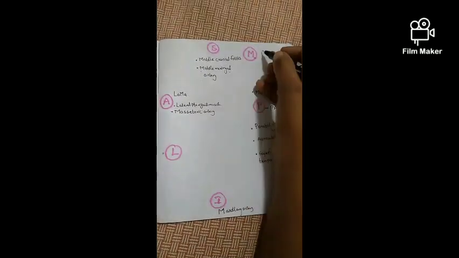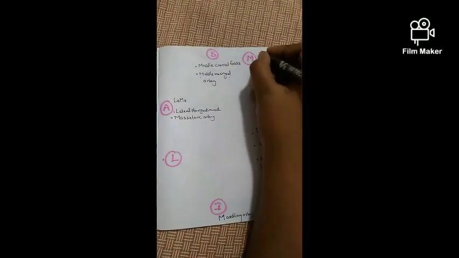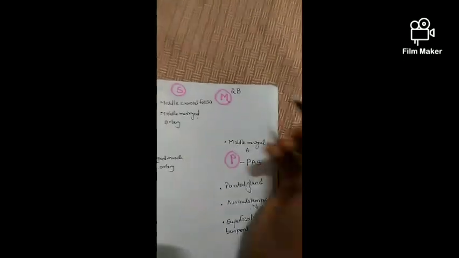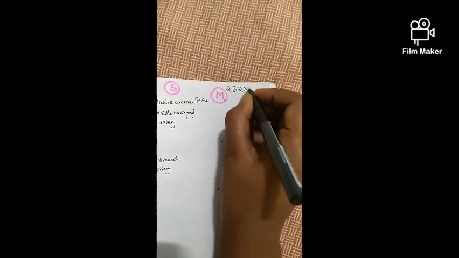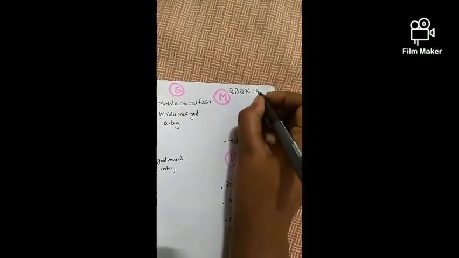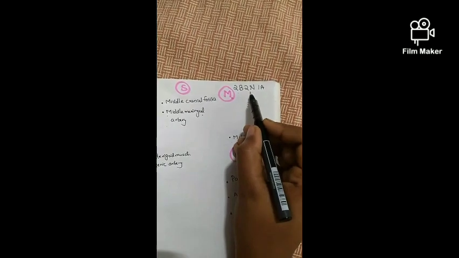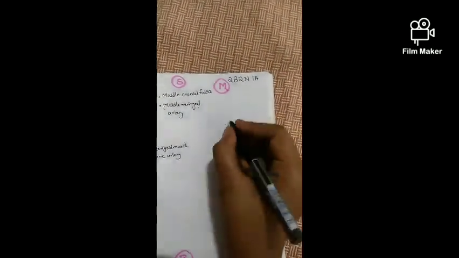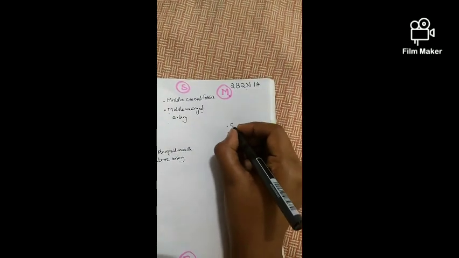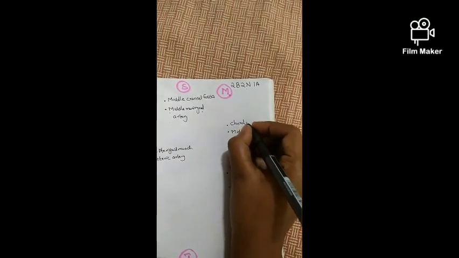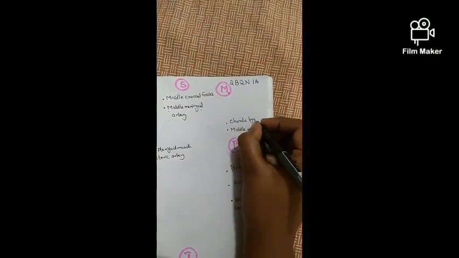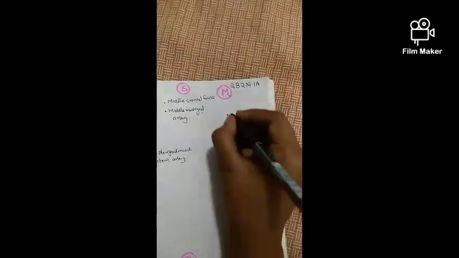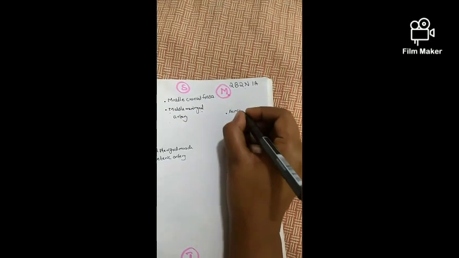Then we go to the medial relations. In the medial relation, we have two bones, two nerves and one artery. The one artery is the middle meningeal artery. The two nerves are the chorda tympani nerve and the auriculotemporal nerve.